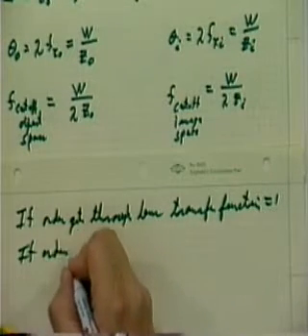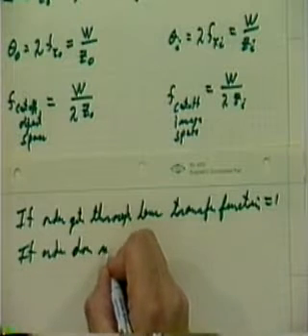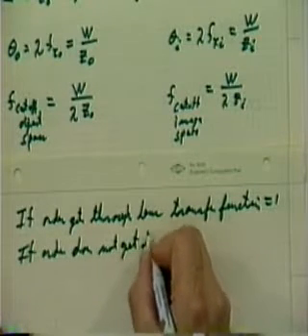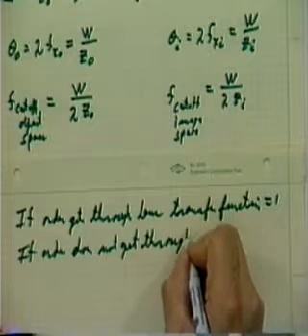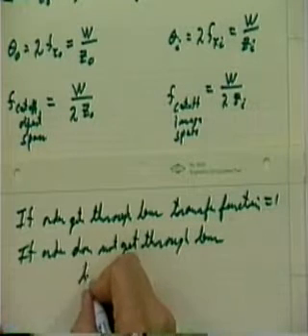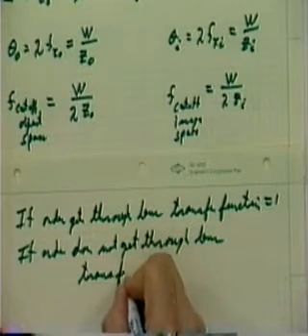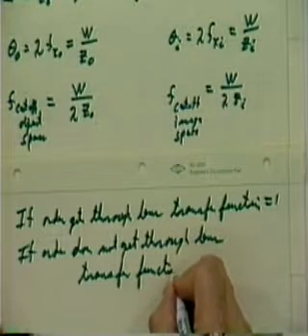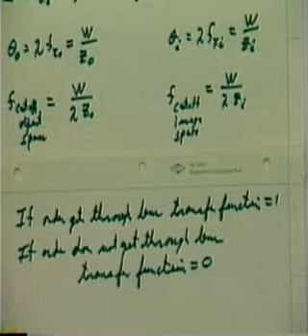If order does not get through the lens, transfer function is equal to 0. Okay. Simple as that. Any questions?